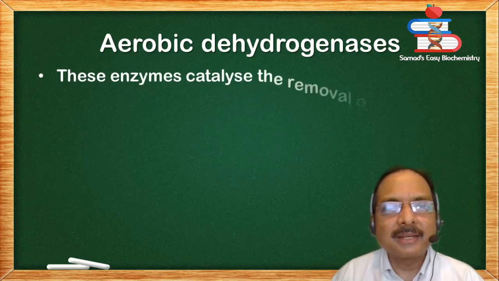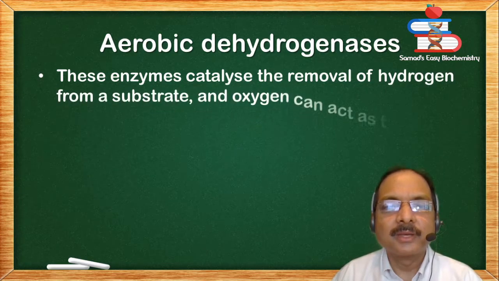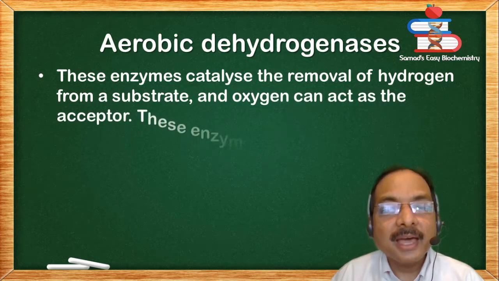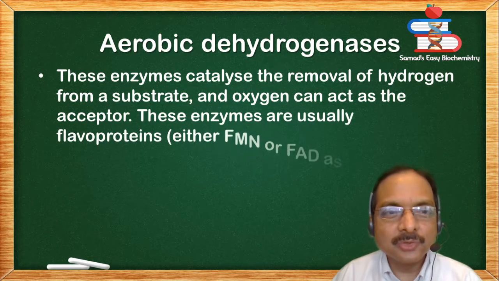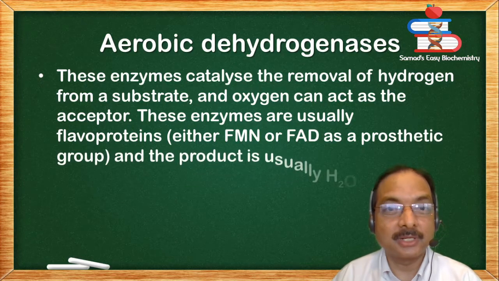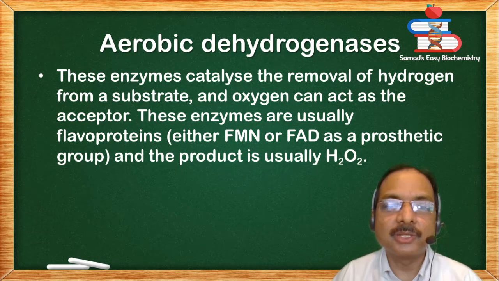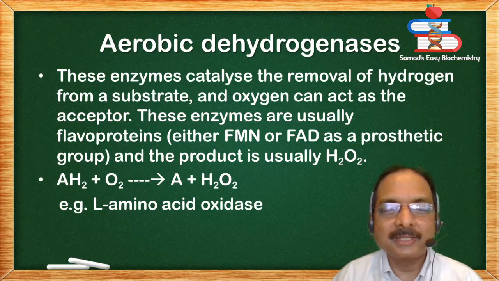These enzymes catalyze the removal of hydrogen from a substrate, and oxygen can act as the acceptor. These enzymes are usually flavoproteins containing either FMN or FAD as prosthetic group, and the product is usually H2O2, hydrogen peroxide. Example, L-amino acid oxidase.